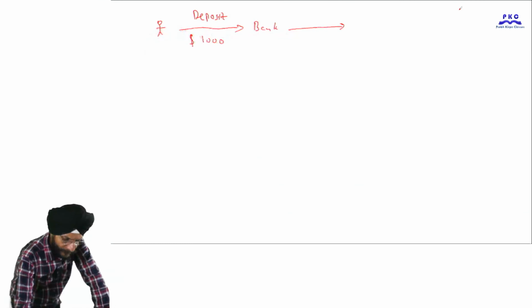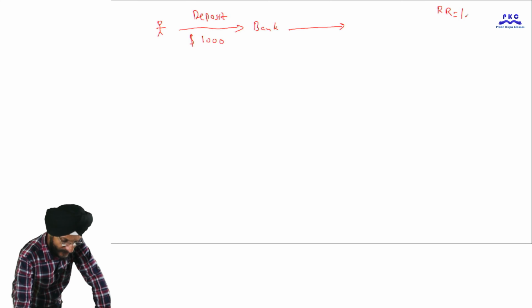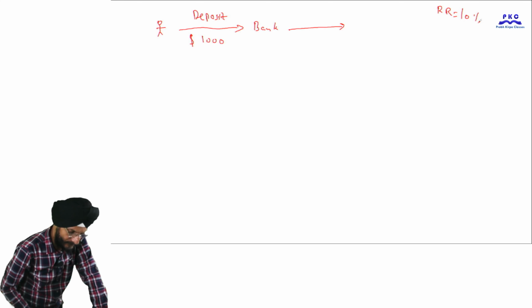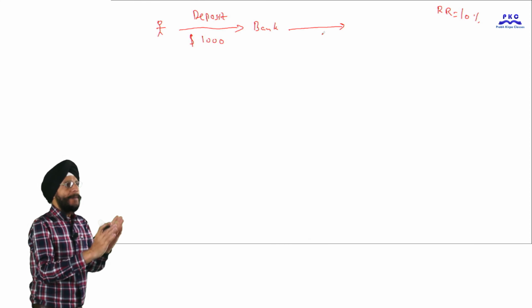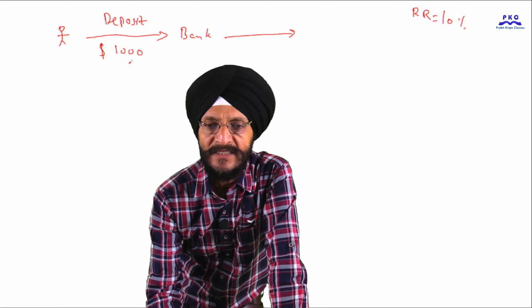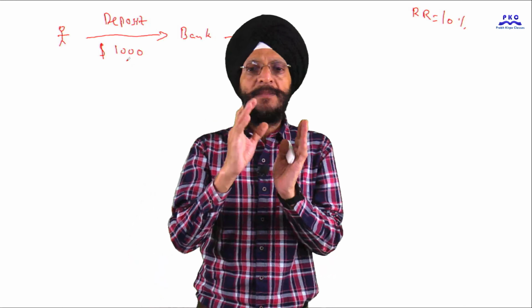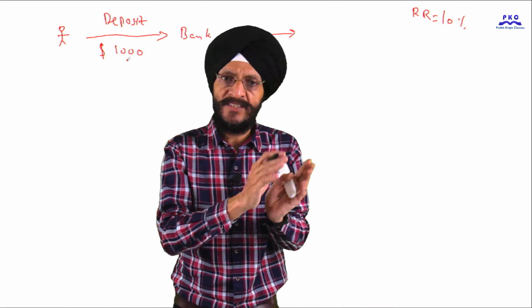Suppose we assume that the reserve ratio as fixed by the central bank is 10%. So here the banks will keep 10% of the initial deposit, that is $1,000. 10% means $100 the bank will keep aside as reserves.